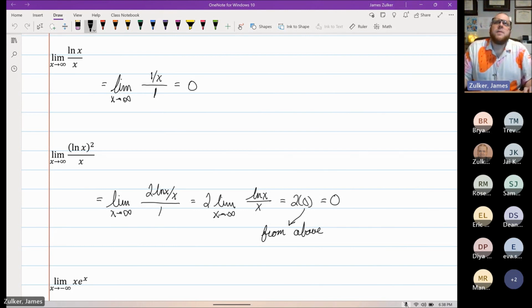Let me rephrase that. No matter what integer power we raise it to, it's always going to be 0.